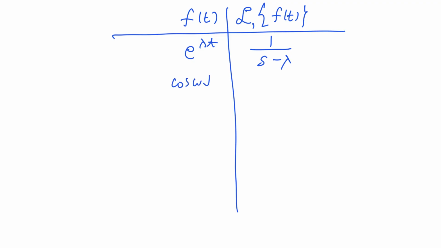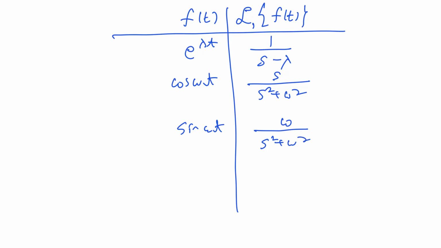Cosine omega t gives s over s squared plus omega squared, sine omega t gives omega over s squared plus omega squared, 1 gives 1 over s, t gives 1 over s squared, t to the n gives n factorial over s to the n plus 1.